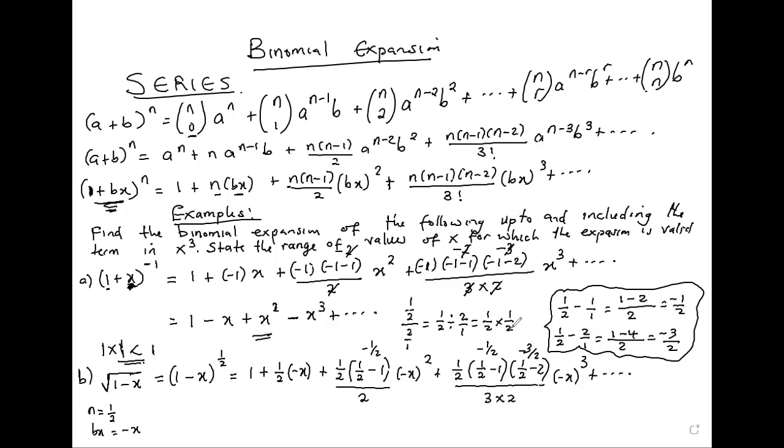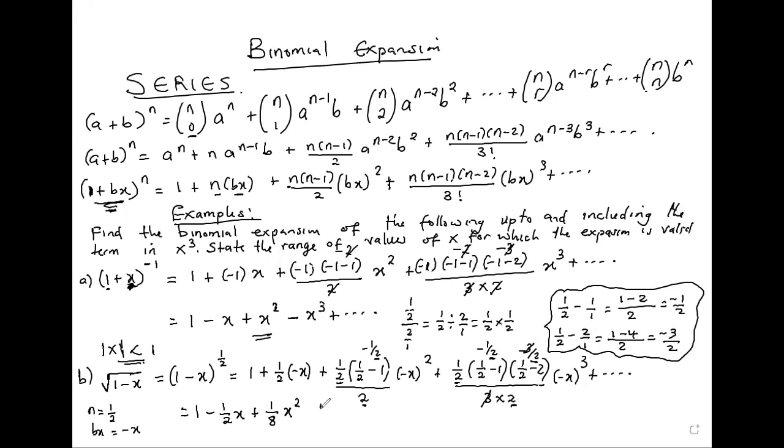So you say, from here we have 1, and then minus 1 over 2x. And then this 2 times this 2, we get 4, times this 2, 8. So we have plus 1 over 8. And then negative x squared is just x squared. And then this 2 times this 2, we get 4, times 2, we get 8, times 2, we get 16, because this 3 and the top 3 there will cancel.